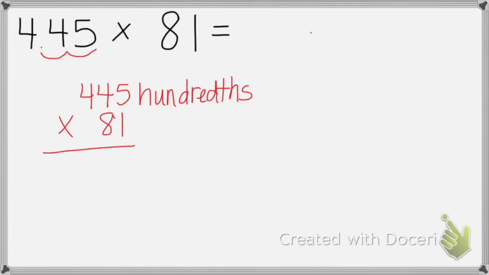It needs to shift in the place value chart 2 places so that the decimal ends up behind the 5. What you need to do to turn 4.45 into 445 is multiply it by 100. So it would move 2 places. So that's what we're doing in this lesson, so that we can just multiply 445 times 81.